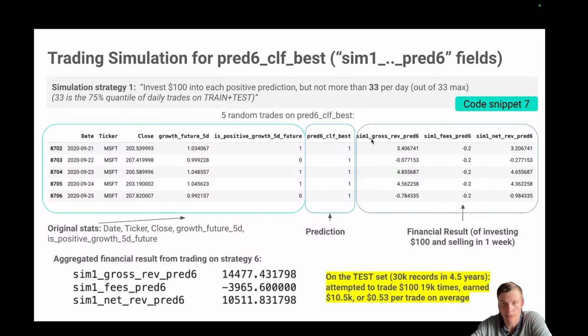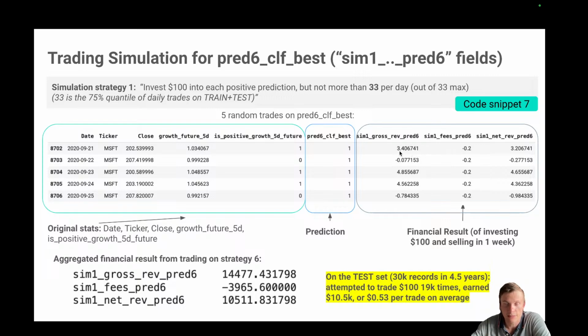And this column is simulation 1, first strategy, simple strategy, gross revenue for predictor number 6. We get $3.4. Then we assume that all trades are not free, and we pay 0.1% of fees for each trade. So it is 0.2% for buy and for sell, 2 trades, and on $100 approximate commission will be $0.2.